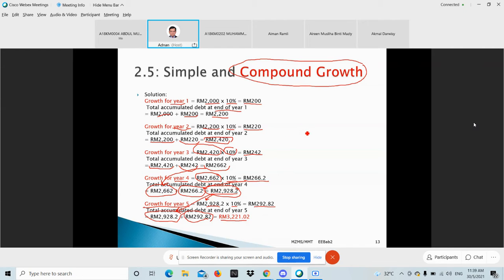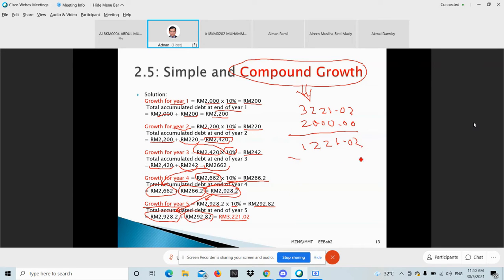Okay, so ingat you borrowed 2,000 tadi. Okay, now you have to pay 3,221. Okay, so this is compounded growth.